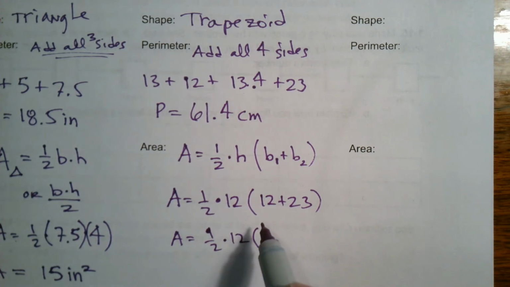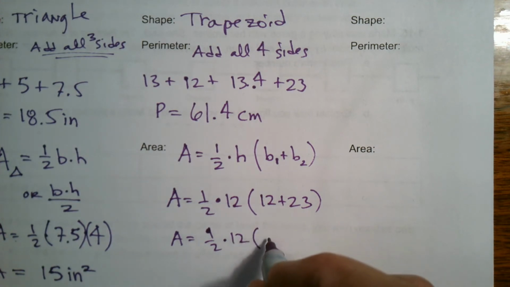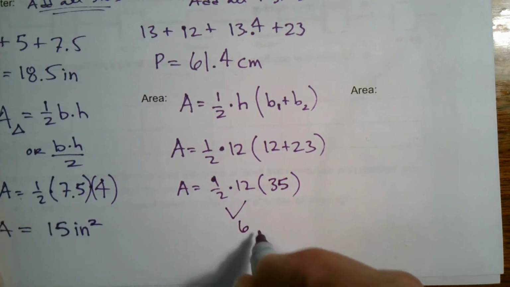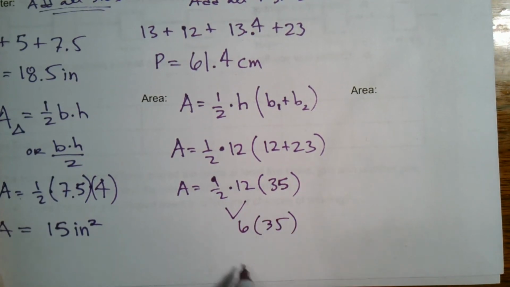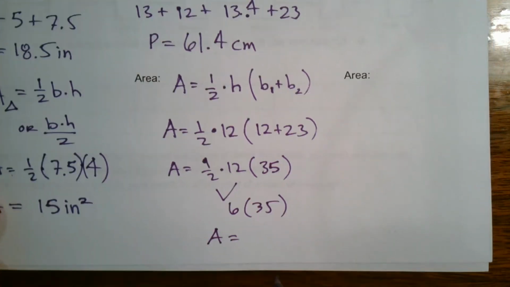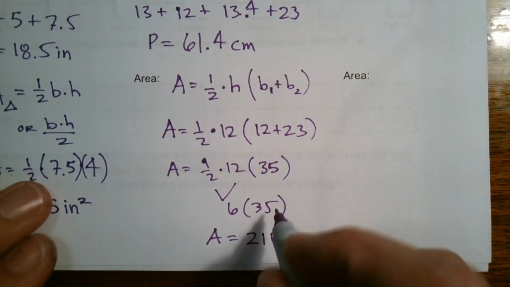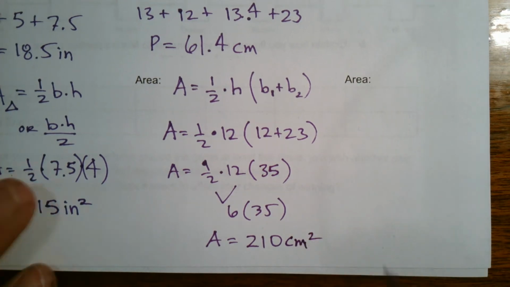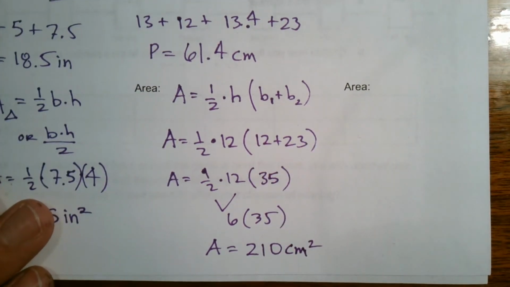That adds up to be 35. And then I can multiply straight across because 1/2 times 12 is 6. And then 6 times 35 is, what is that going to give me? 210. So the area of this trapezoid is 210. And again, it's centimeters squared, or square centimeters, because my unit is centimeters and area is always squared.